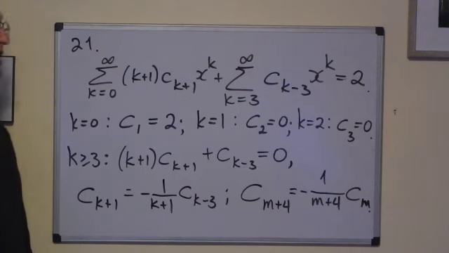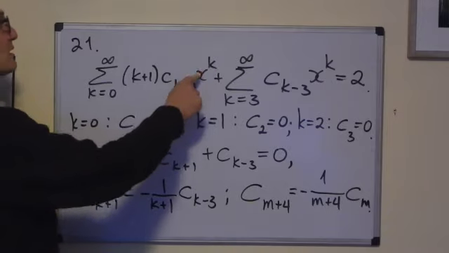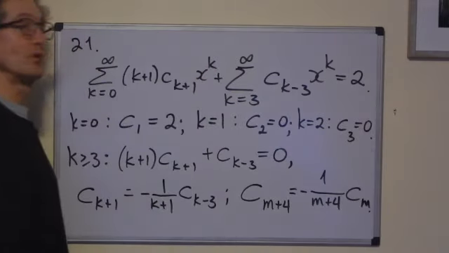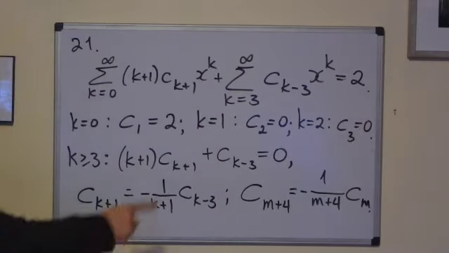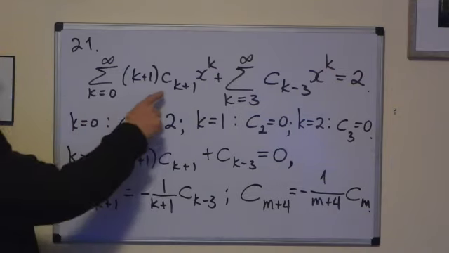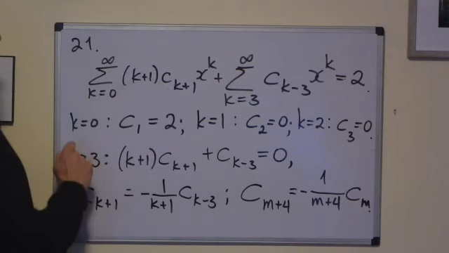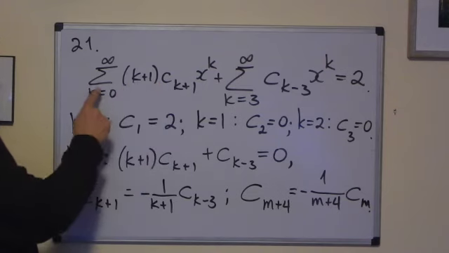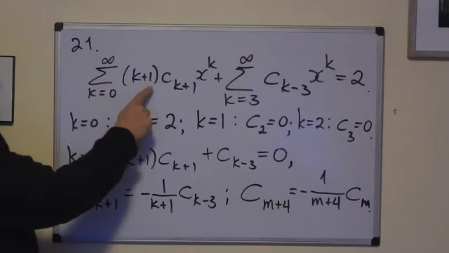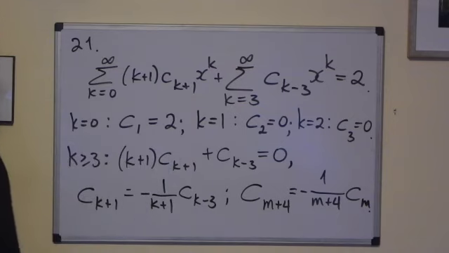I've rewritten the equation so that k is the power of x in both terms, and so this one starts with k equal to 0, and the coefficient is k plus 1 times c sub k plus 1. Remember, this came from the derivative, and so the first term is 1 times c1 times x to the 0.